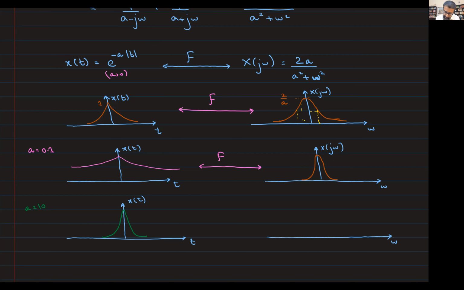So this is omega, this is x of j omega, and this is going to be like this. It's not to scale. The y-axis is not to scale, but the x-axis is to scale.